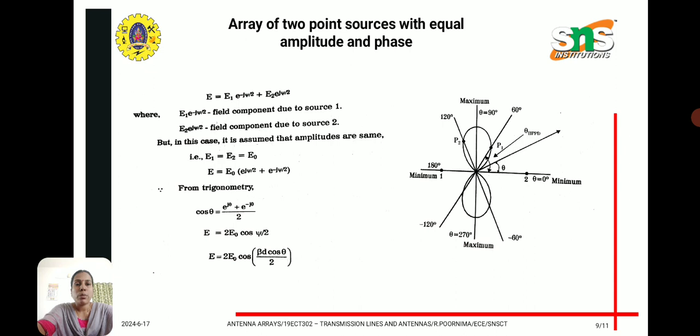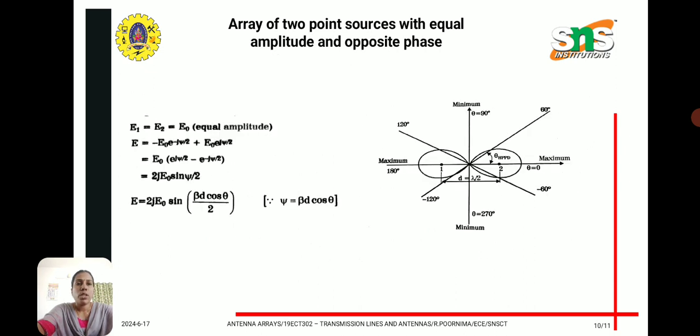From trigonometry calculation, the value of E is 2 E0 cos psi by 2, and substituting the phase angle value, beta d cos theta divided by 2. So this is the field pattern, and in this picture the radiation pattern is shown, where we get the bidirectional pattern along the perpendicular axis.